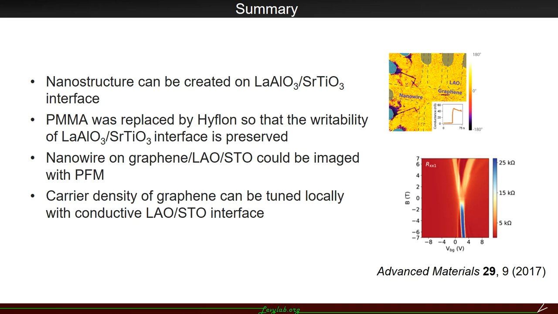The carrier density of graphene can be locally tuned by this writing process, and we can create p-n junctions. Besides, we observed the unusual quantized conductance due to this p-n junction.